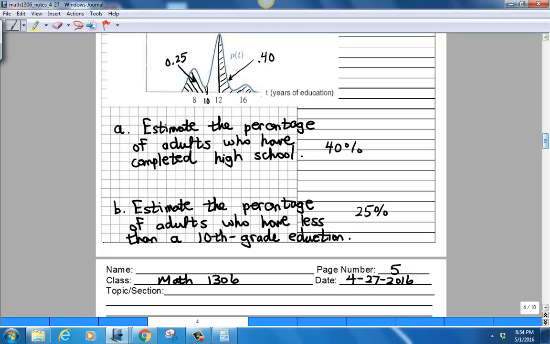Another way of applying our knowledge of this portion of the population that has less than a 10th grade education would be to answer a probability question. You might ask, if we pick an adult totally at random, what's the probability that we pick someone who has less than a 10th grade education? The answer is that probability is 25%, or about 1 in 4.